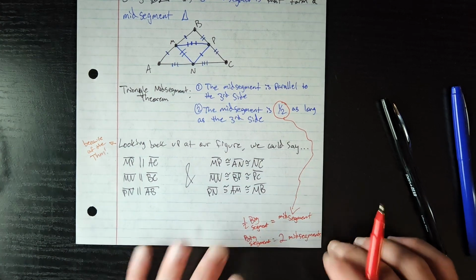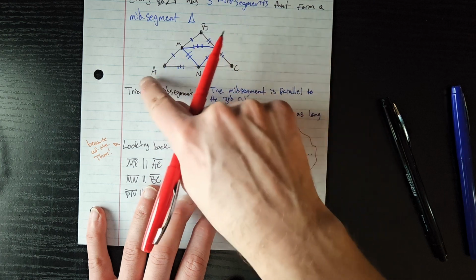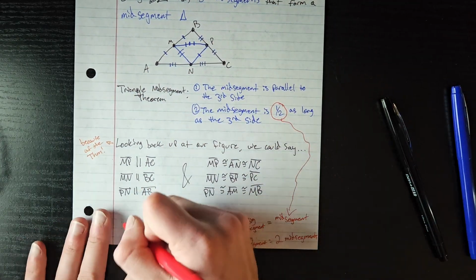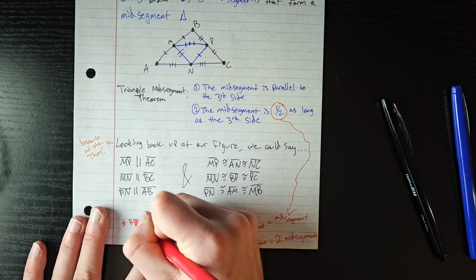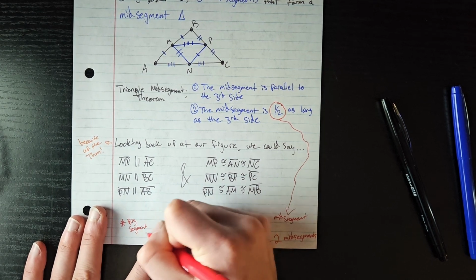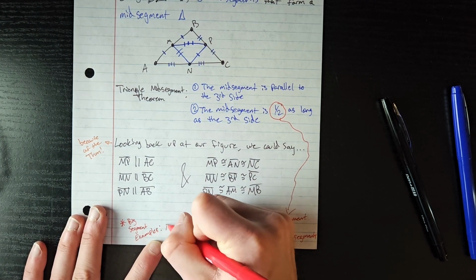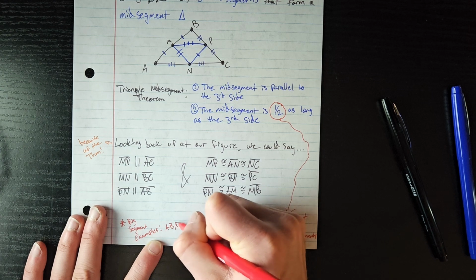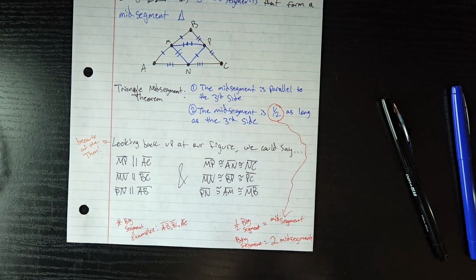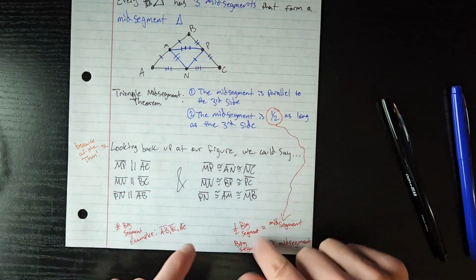Remember that big segment is something like AC or BC or AB. So keep that in mind. Maybe you should take a note like big segment examples: AB, BC, AC. Just in case you don't know what the big segment is, but keep this in mind.